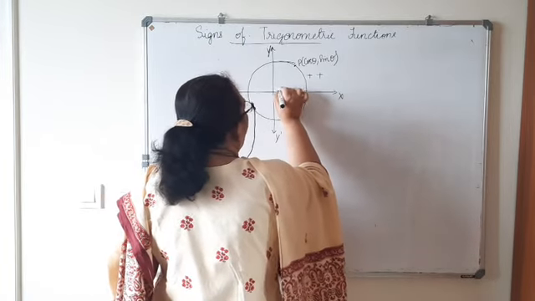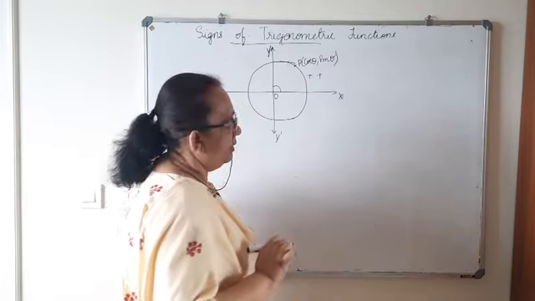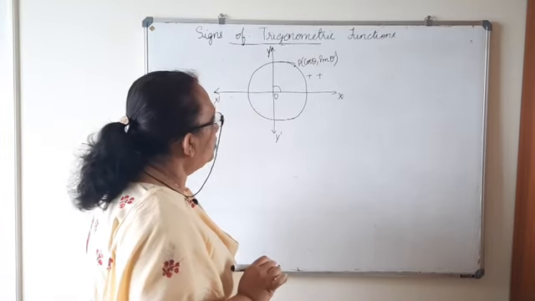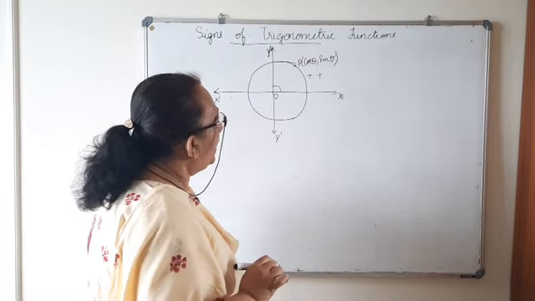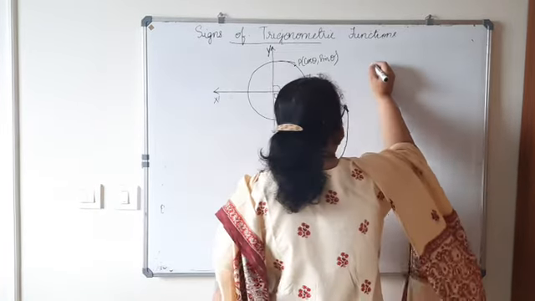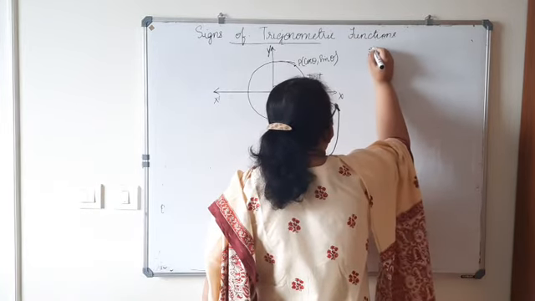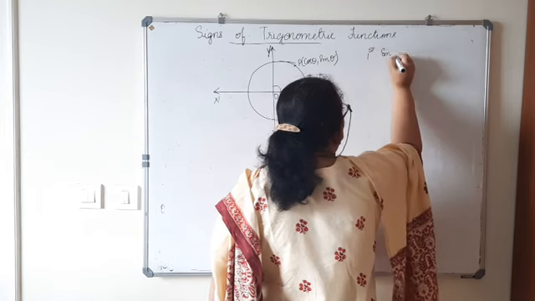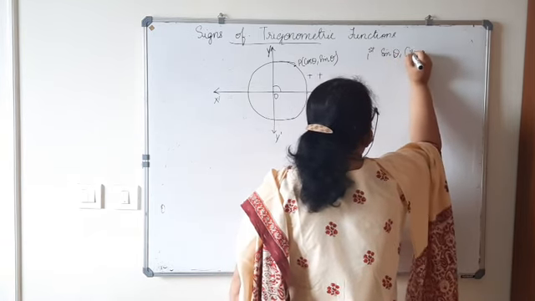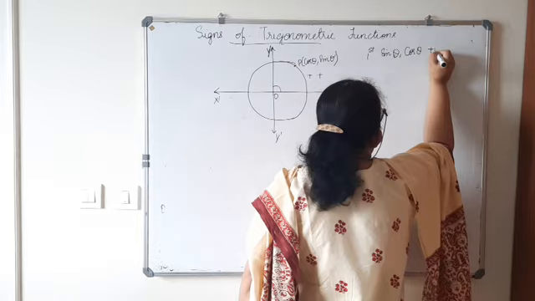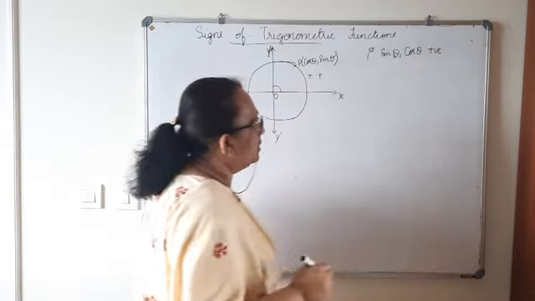That is, it's from 0 to 90 degrees. In the first quadrant, it is 0 to 90 degrees, because sin and cos are positive. So what happens? Sin theta and cos theta positive.